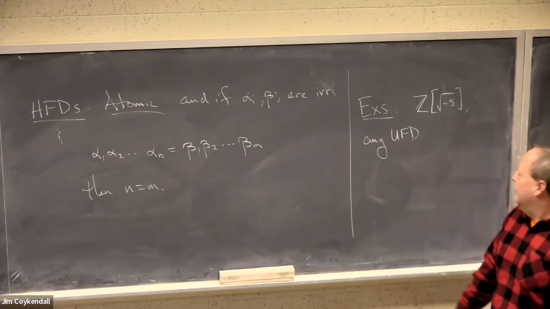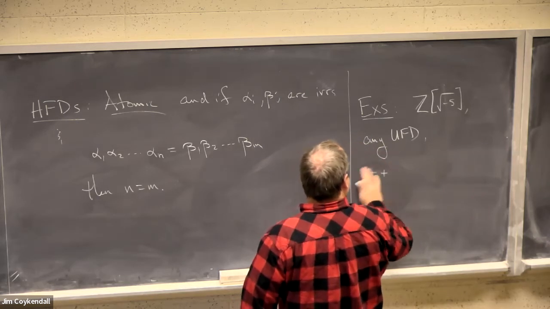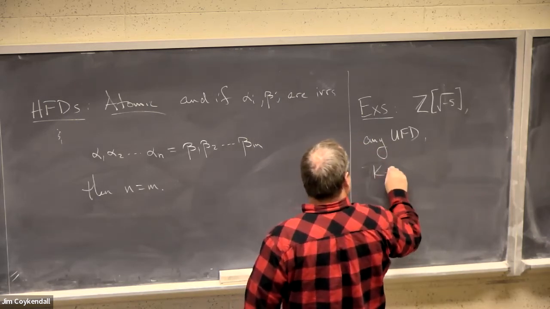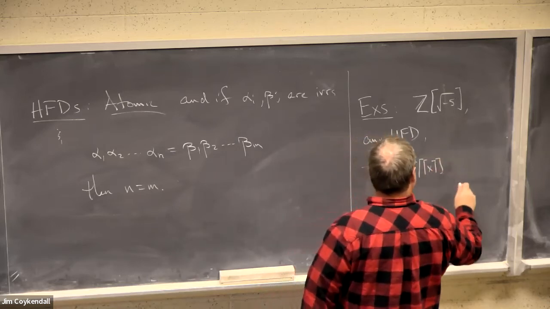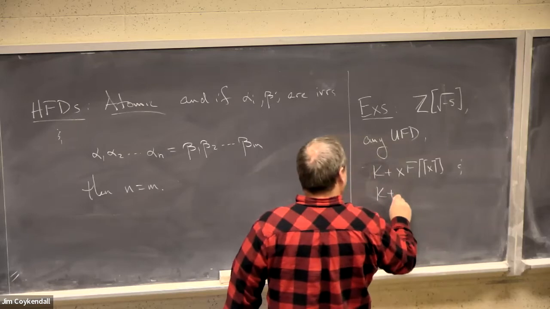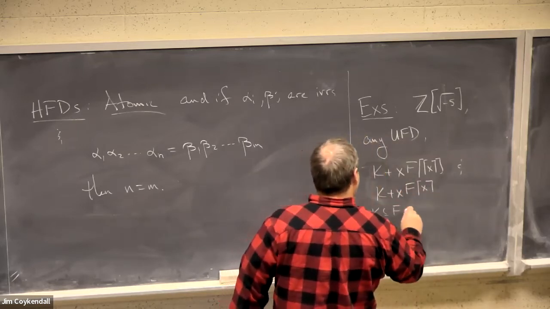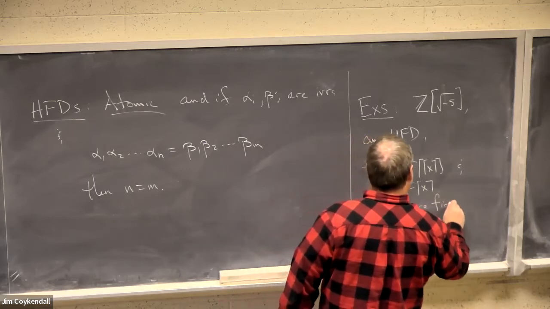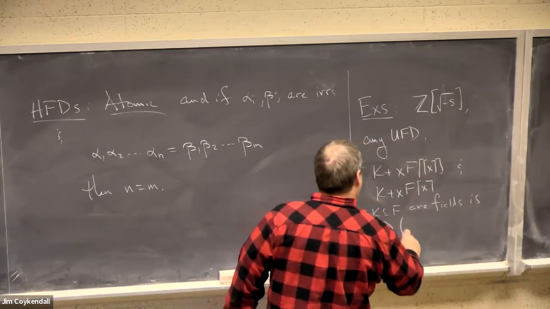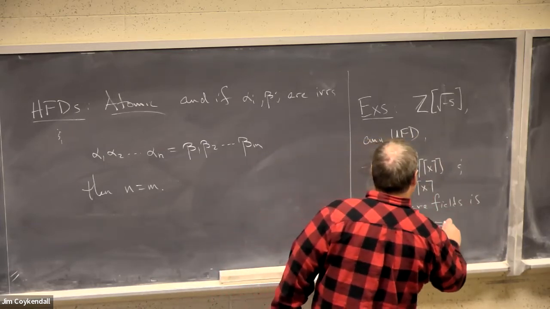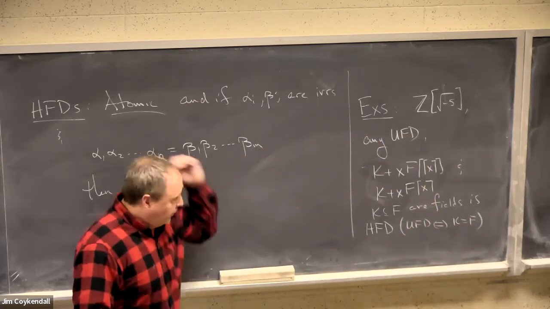Any UFD is, of course, this, and K and F is always mixed. And in the UFD, it can only be K and F. So this is a large class.